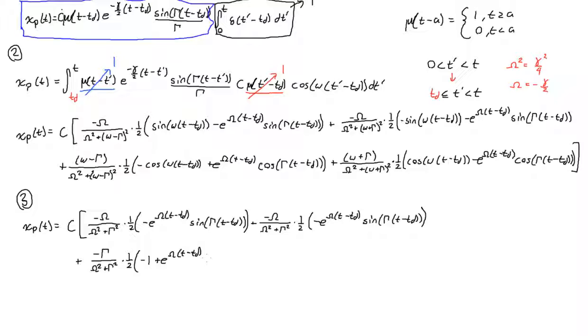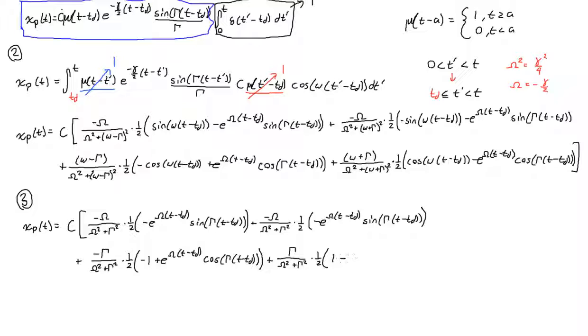And then we'll have a cosine gamma t minus t sub d, and then we'll have a plus and gamma omega squared gamma squared 1/2.